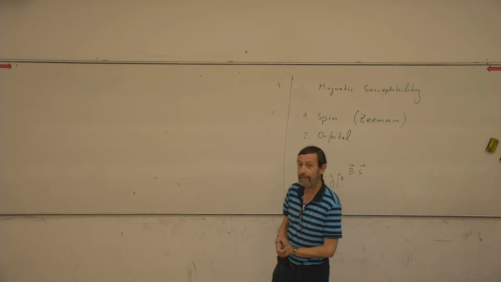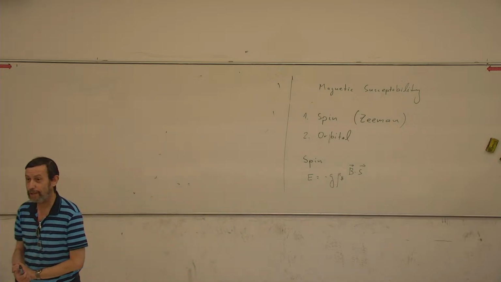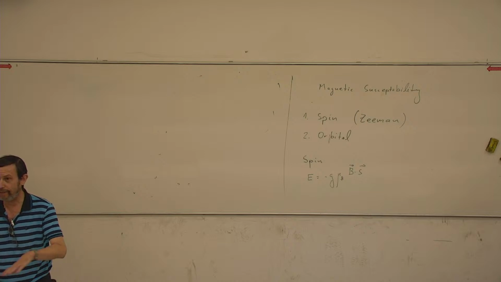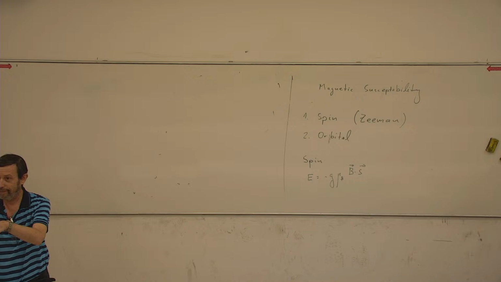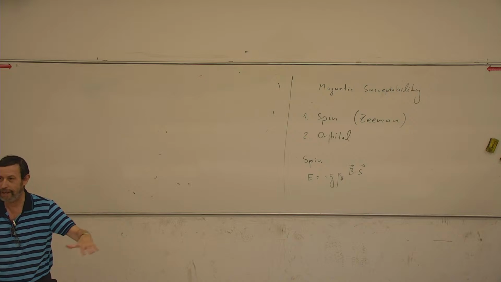Right, and that's a very strong experimental technique to separate the orbital response from the spin response. Because for the spin, the fact that you're putting it here or here doesn't make any difference, at least for the simple model of electrons in a box.